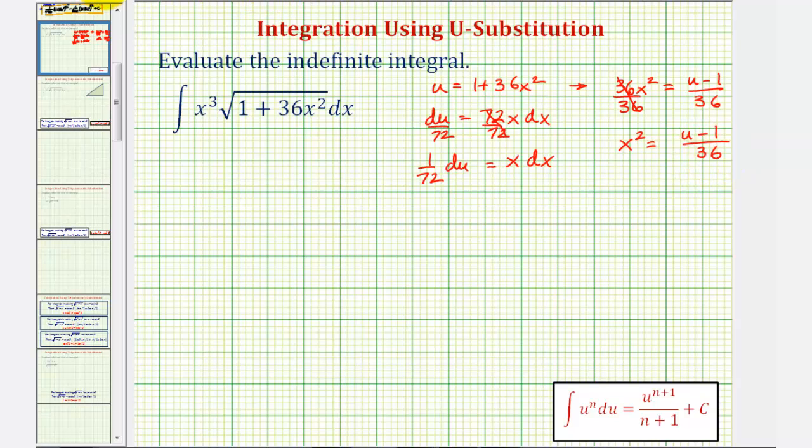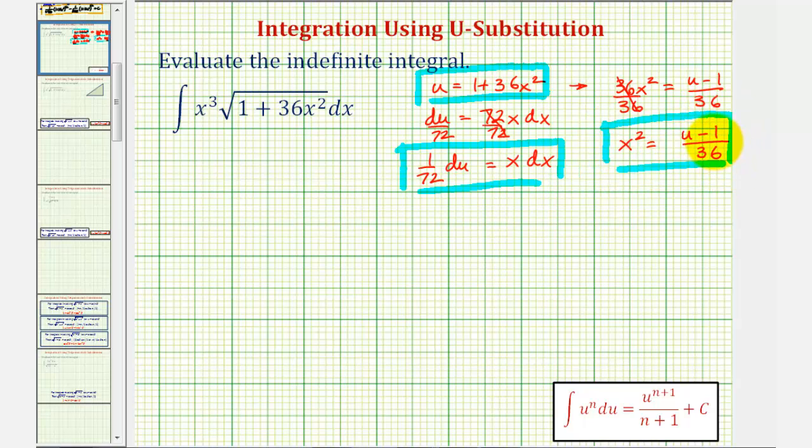So now we'll perform substitution using u equals 1 plus 36x squared, 1 over 72 du equals x dx, and x squared equals the quantity u minus 1 divided by 36.